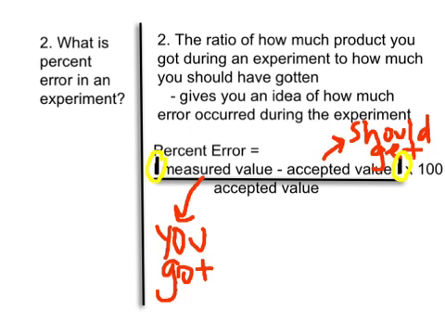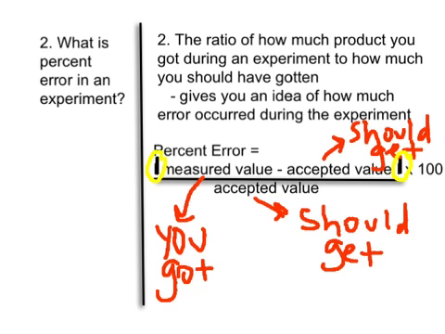So if the measured value minus the accepted value ends up being a negative number, you're going to take the absolute value of that, meaning you're going to ignore the negative and just take that value. So you're going to do measured value minus accepted value, and then you're going to divide by the accepted value. Again, the accepted value is what you should have gotten in the experiment.